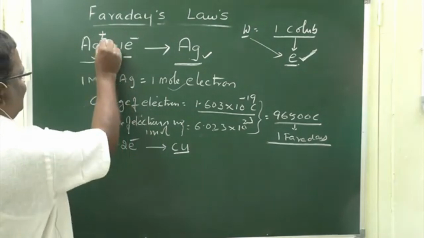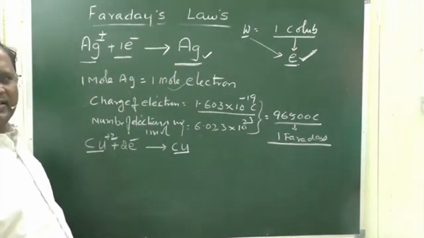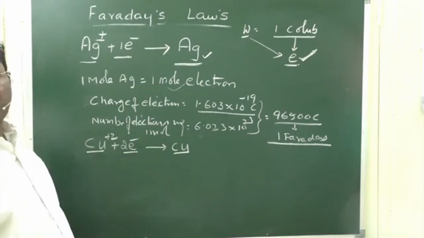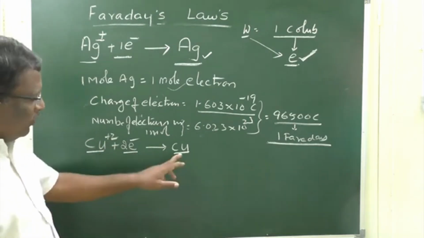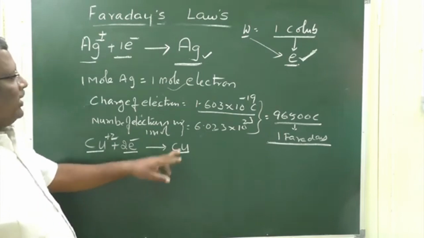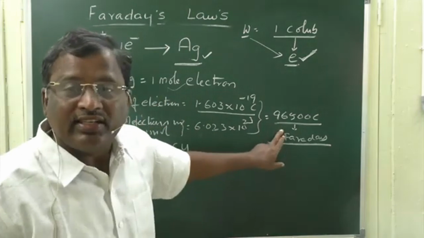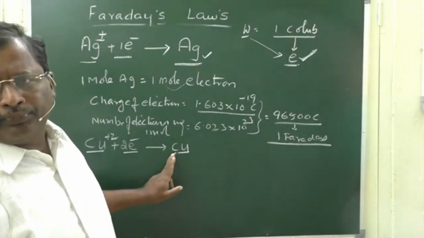Here Ag+ requires only 1 electron to deposit as Ag, whereas Cu2+ requires 2 electrons. That is double the number of electrons. So, if you want to deposit 1 mole of copper, you require 2 moles of electrons. That means 2 Faradays of electricity is required to deposit 1 mole of copper.